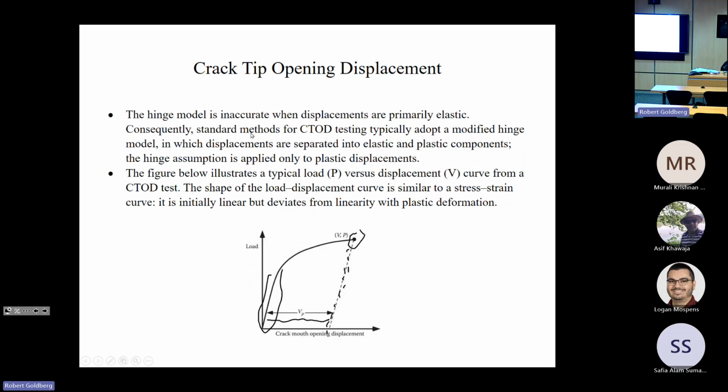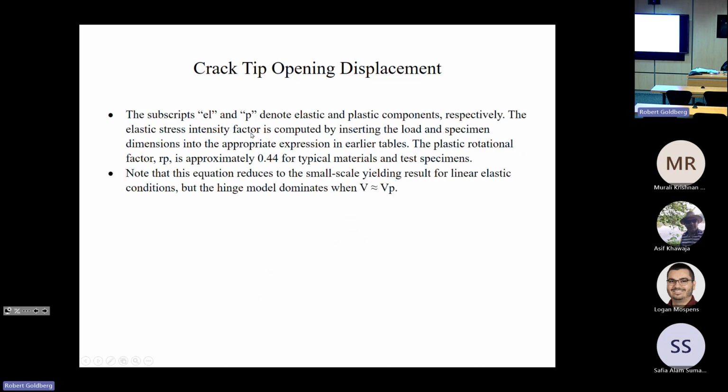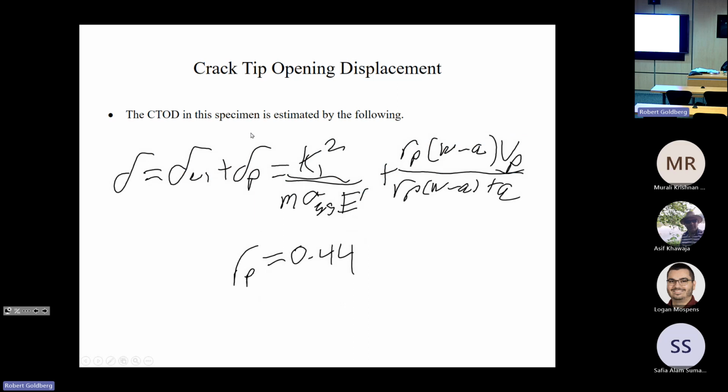We do this load and unload and determine our plastic crack tip opening displacement, and for linear elastic conditions, this equation does well.